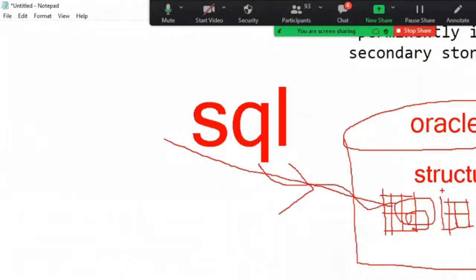But MongoDB and those types of databases are different. There SQL is not there, no SQL. That is JavaScript, those types of languages. Those knowledges are required, but SQL is one separate language. Through that we operate on data in these types of databases.